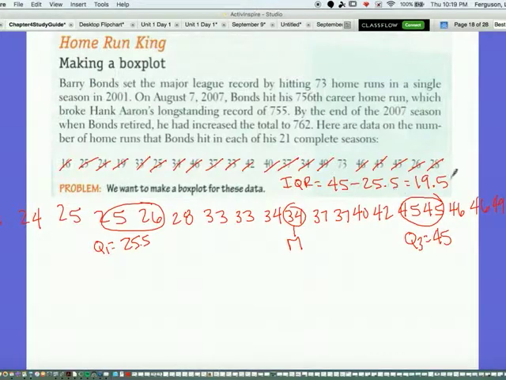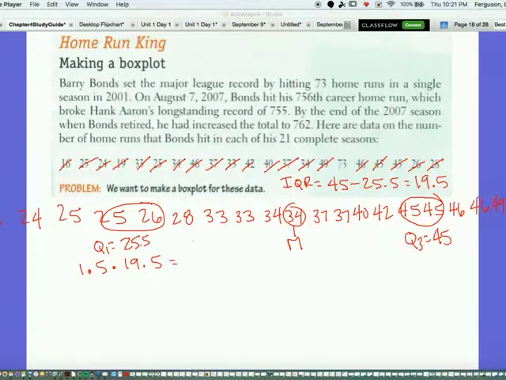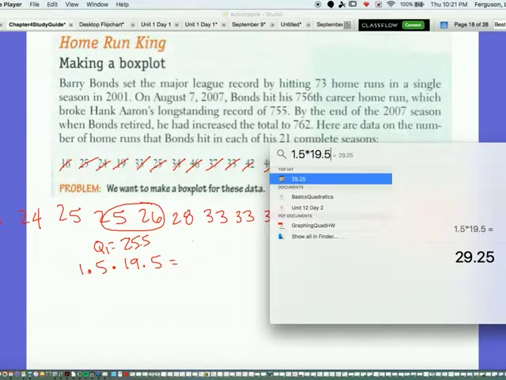So I'm going to use that and my 1.5 IQR rule to see if I have any outliers. 1.5 times 19.5 gives me 29.25.